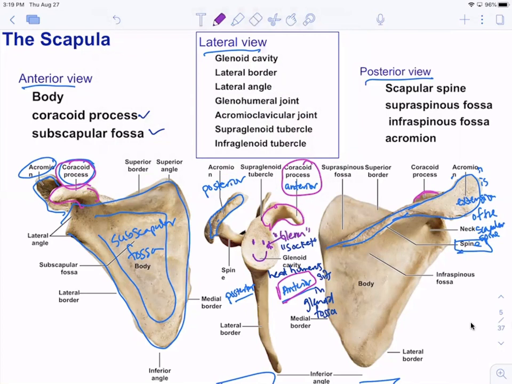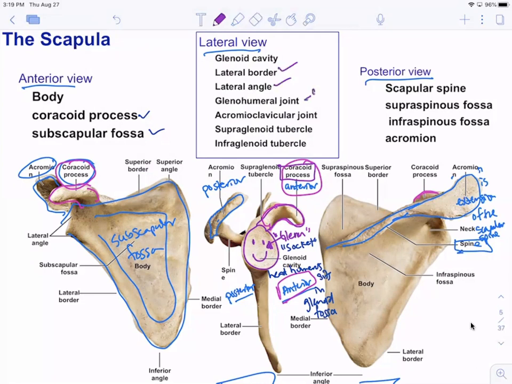So Glenn lives or I should say is, the glenoid cavity or fossa. Here's Glenn. Glenn has some wild hair that comes up and around.